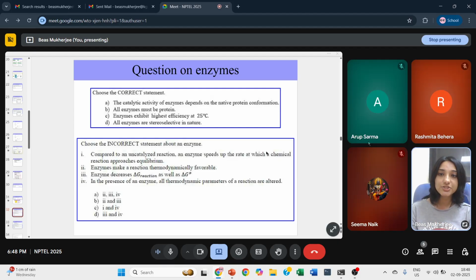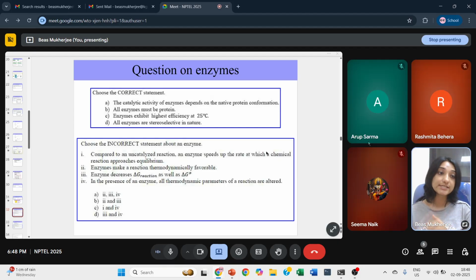For your second question, you have to choose the incorrect statement about an enzyme. Compared to an uncatalyzed reaction, an enzyme speeds up the rate at which a chemical reaction approaches equilibrium. Enzymes make a reaction thermodynamically favorable. Enzyme decreases the delta G of reaction as well as the delta H double dagger.